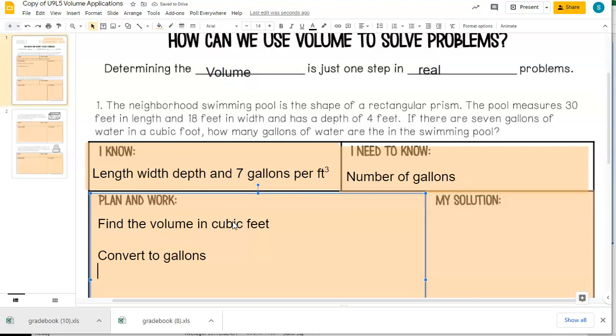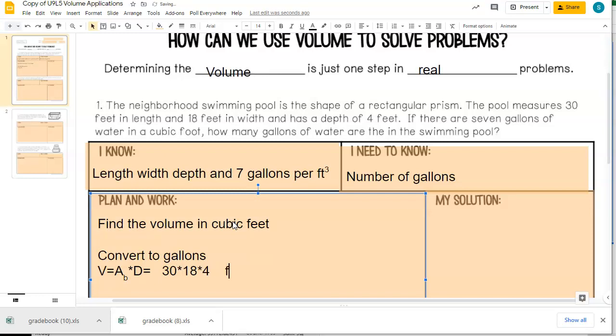Now, it's a rectangular prism, so the volume equals the area of the base times the height. Well, in our case, that's going to be the depth. So that is going to be 30 times 18 times 4.